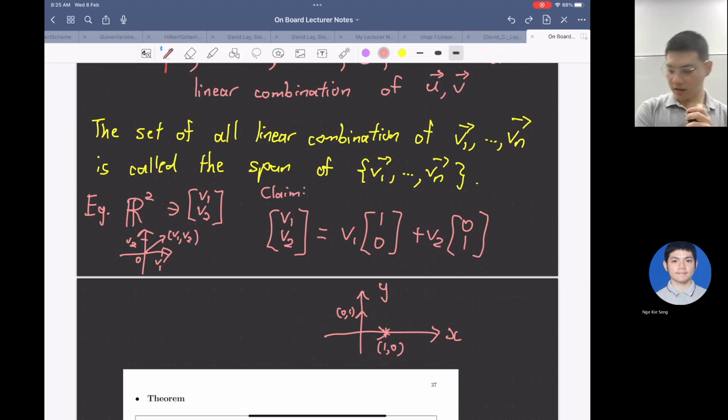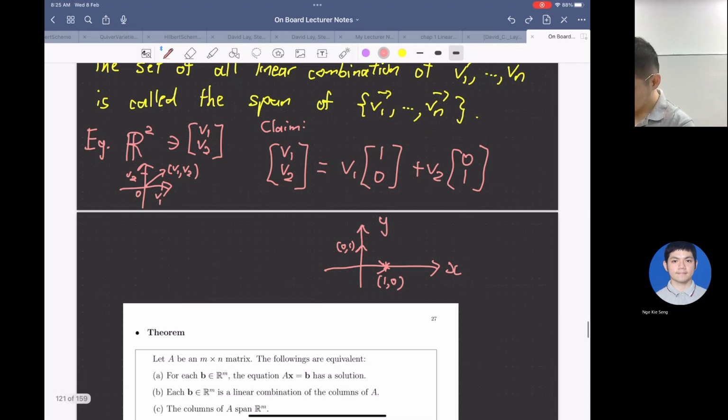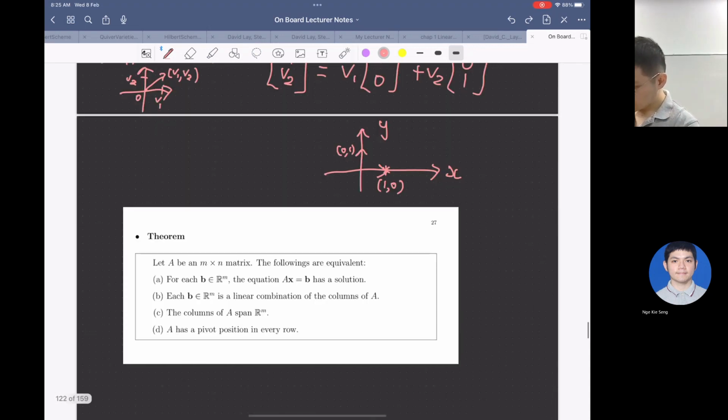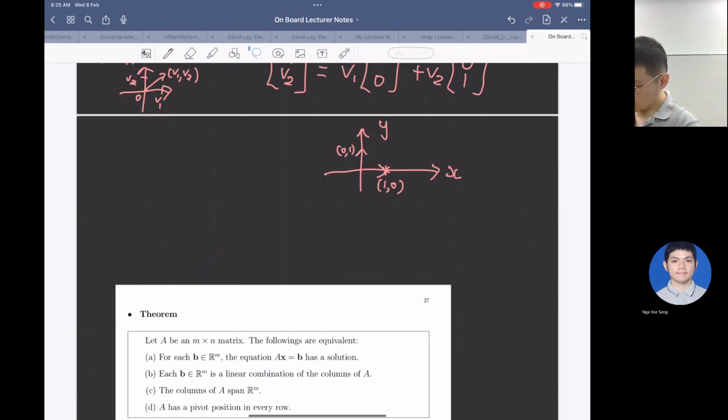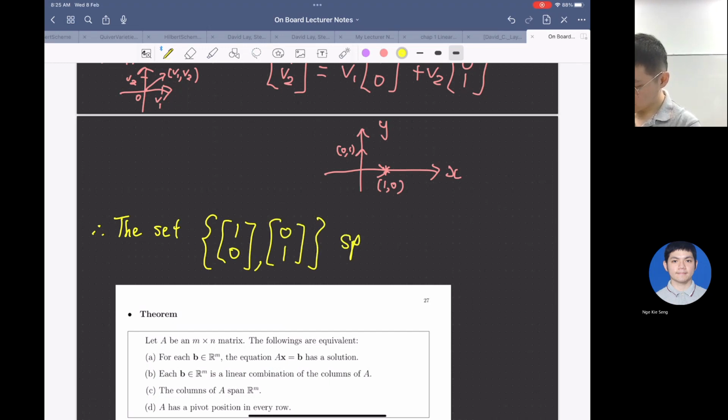Yes. Okay, so in this case, we will say that the set {(1,0), (0,1)} spans R2.